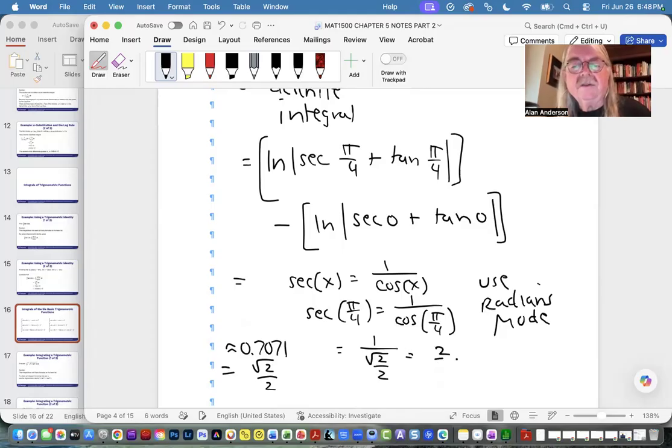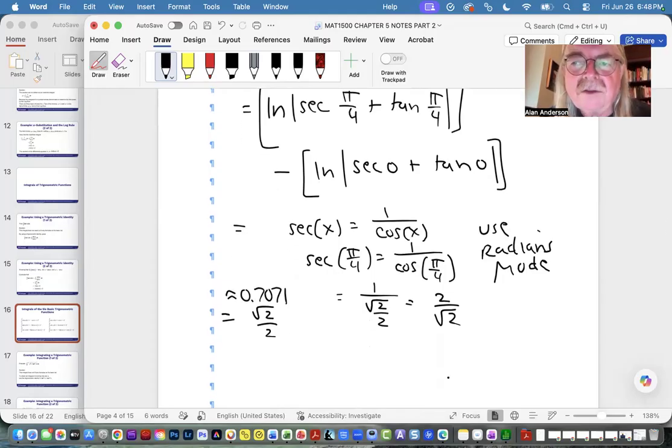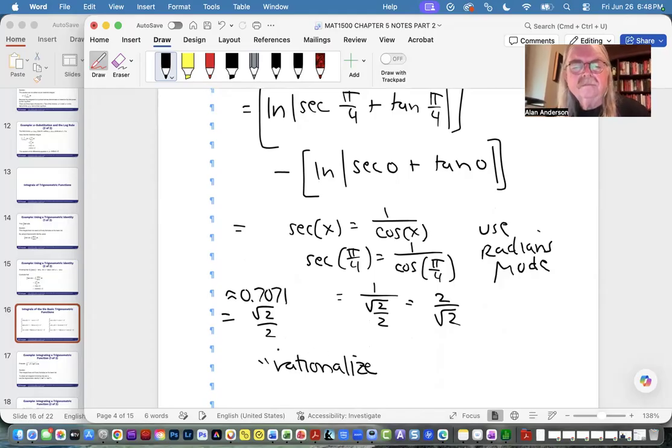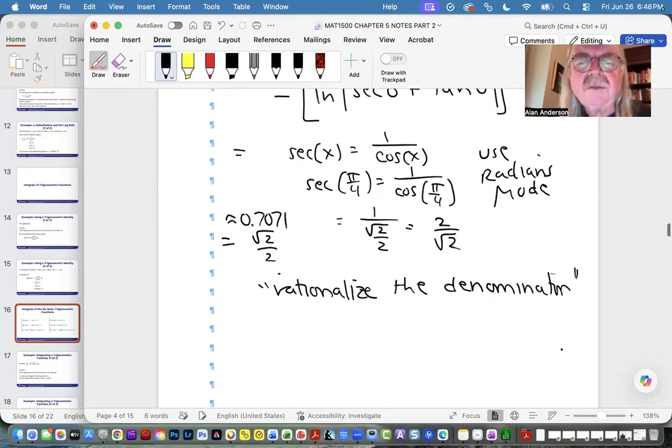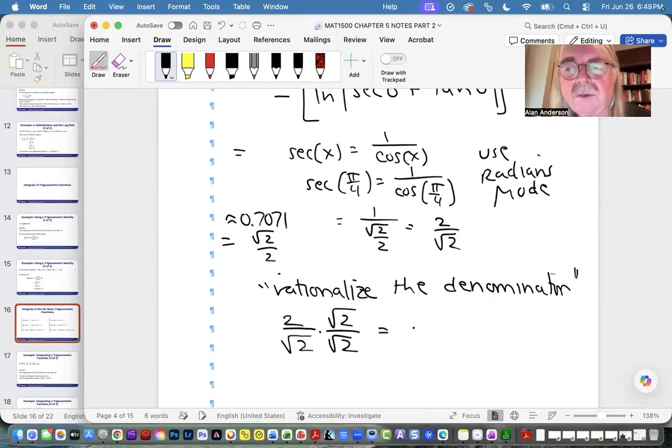So that's the equivalent of being 2 over radical 2. But if you remember, we try never to have radicals in the denominator of any ratio. So we're going to rationalize it by multiplying the entire expression by the ratio radical 2 over radical 2, which we certainly are allowed to do because that's the equivalent of 1.